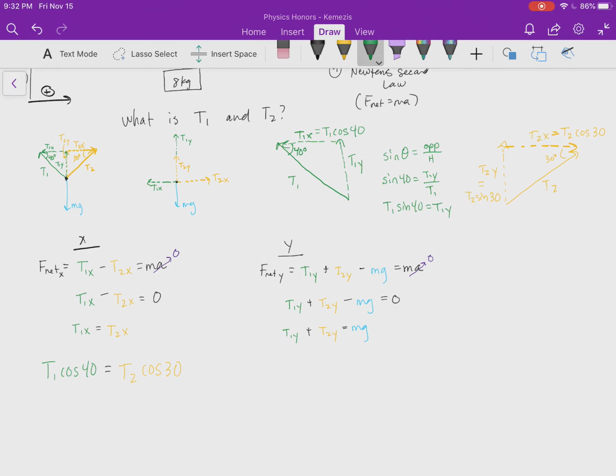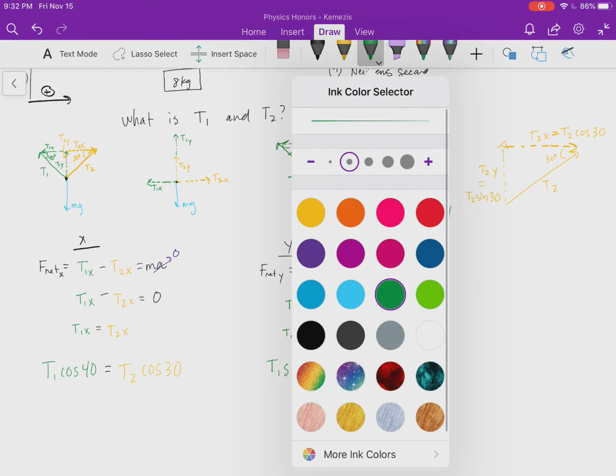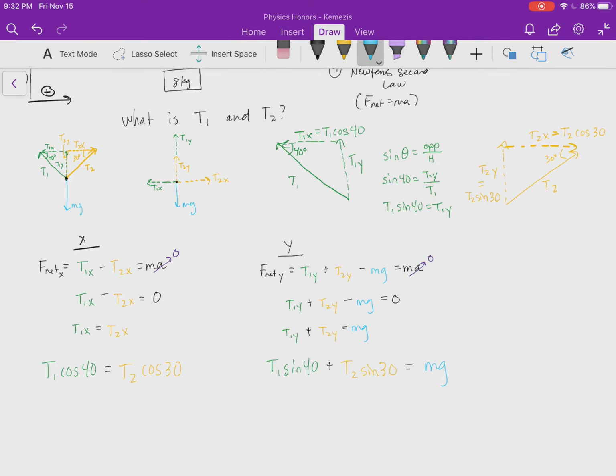Then over here, we have T1y, which is T1 sine 40, and we add that to T2y, which is T2 sine 30, and that is going to be equal to mg.